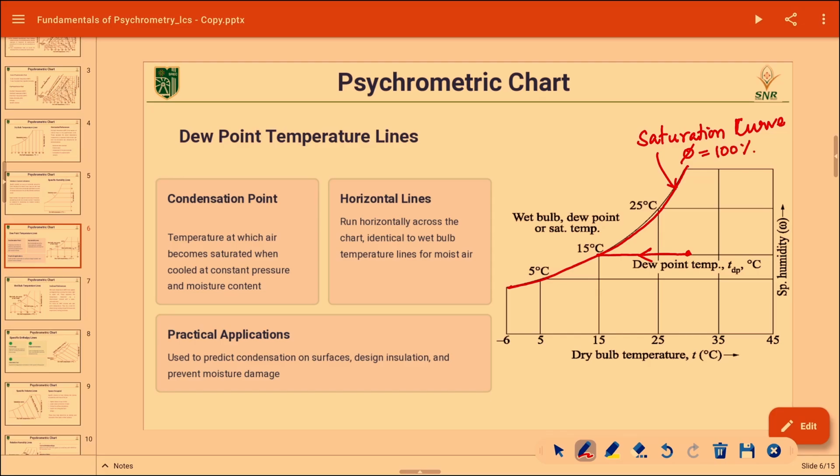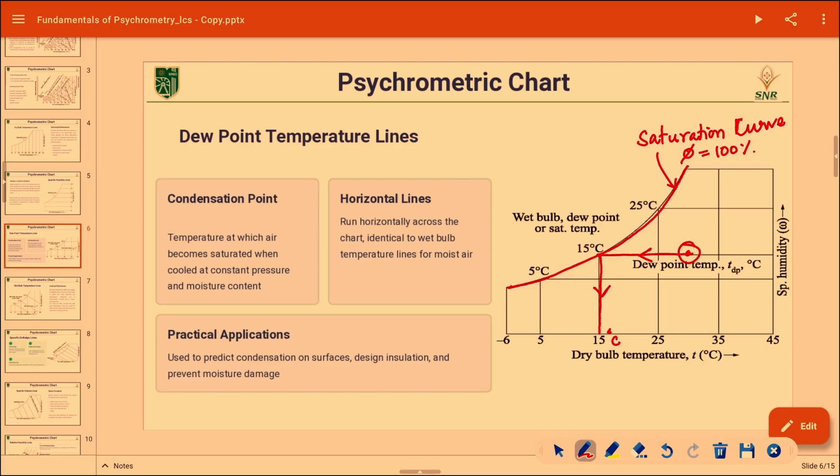The air has got maximum moisture in it. So, till it hits the saturation curve, and then you have to draw a vertical line, to get the dew point temperature.